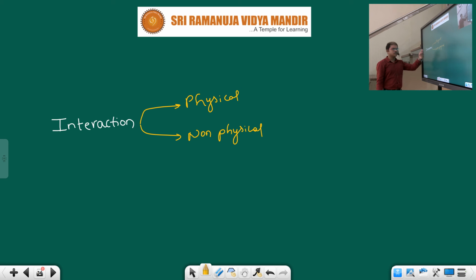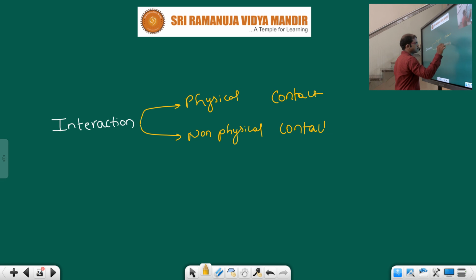So if that interaction is physical, take physical contact, non-physical contact. Whenever there is physical contact and there is interaction, the force which is acting is called contact force. Whenever there is no physical contact between the bodies and there is interaction, the force which is developed is called non-contact force.